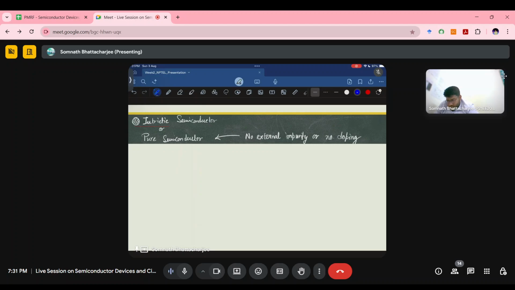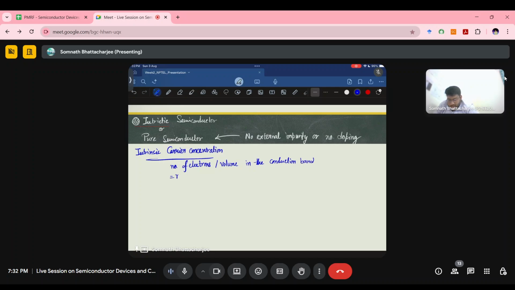Okay. Another concept is intrinsic carrier concentration. So what is intrinsic carrier concentration? Intrinsic carrier concentration is the number of electrons per unit volume in the conduction band.